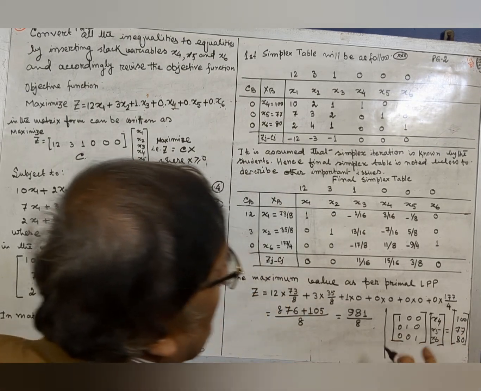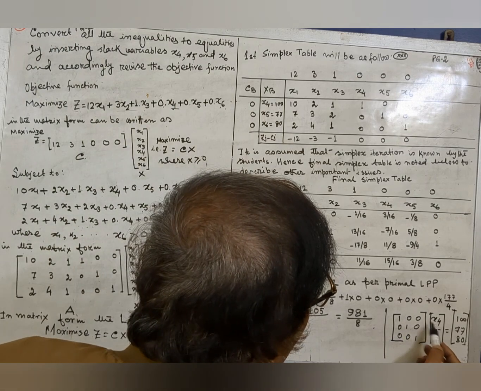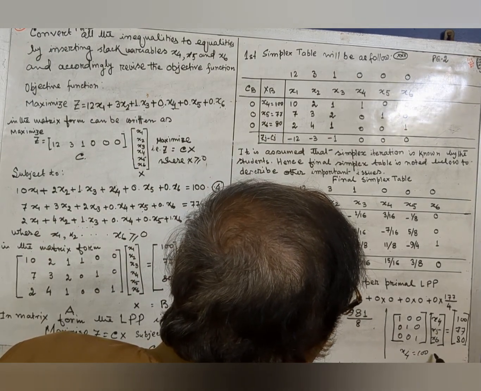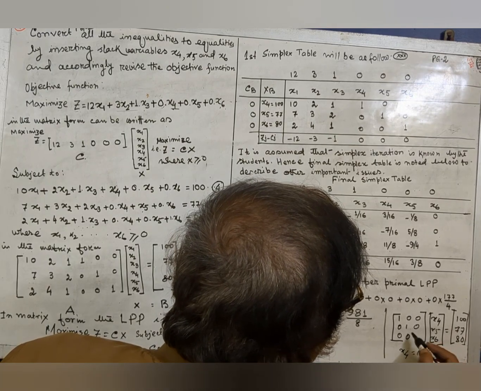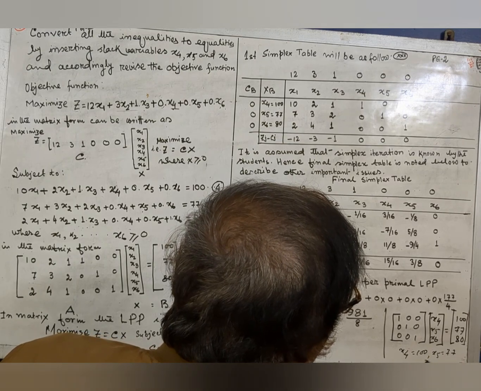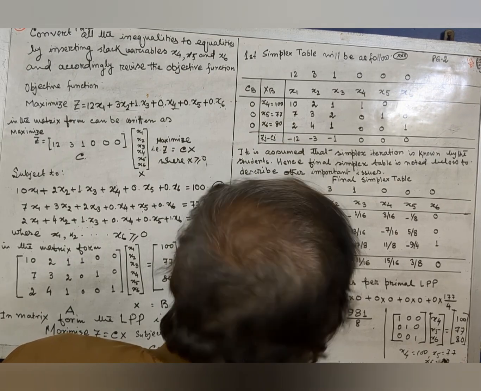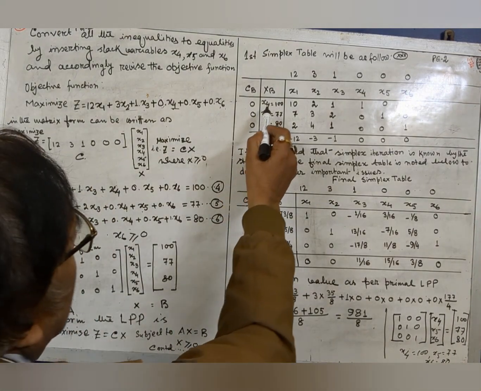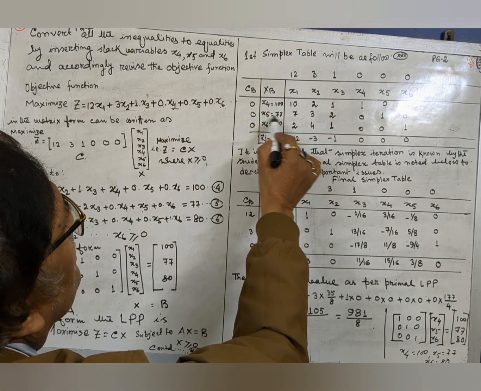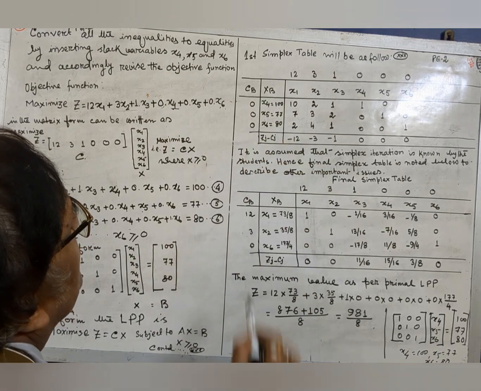It is very easy to solve: row into column, so x4 = 100, x5 = 77, and x6 = 80. That is actually written here: the solution of the basic variables x4 = 100, x5 = 77, x6 = 80.